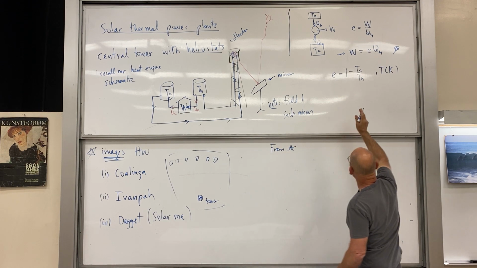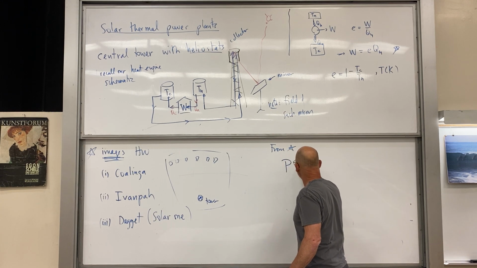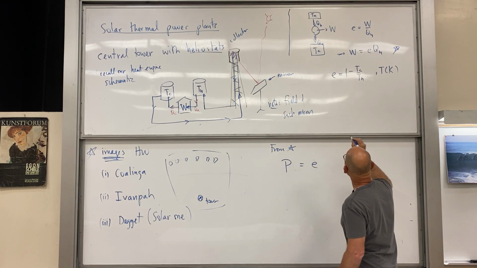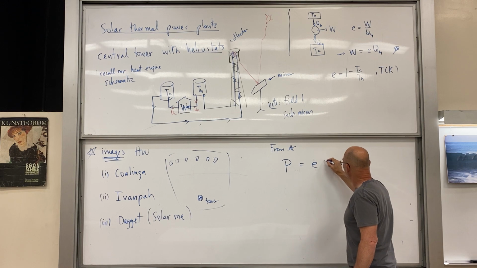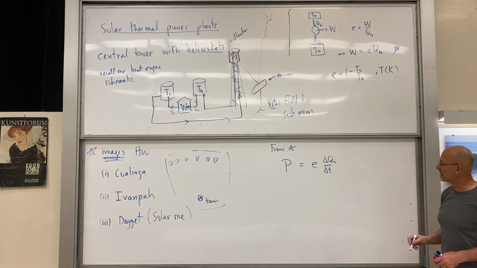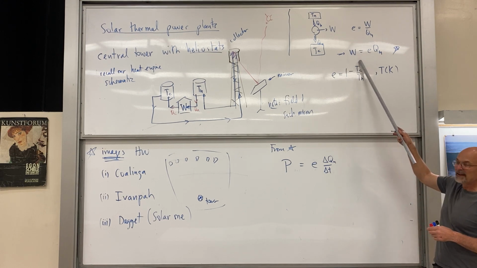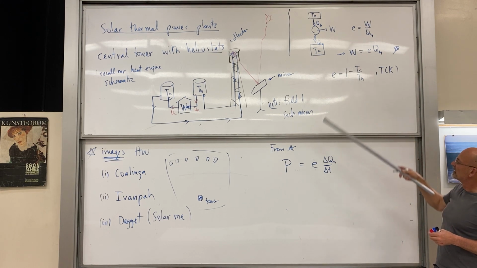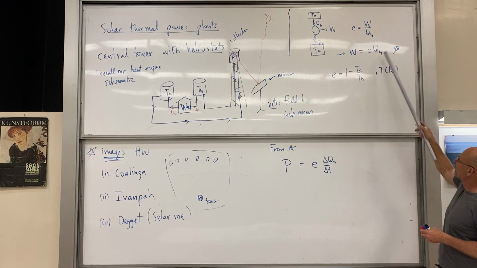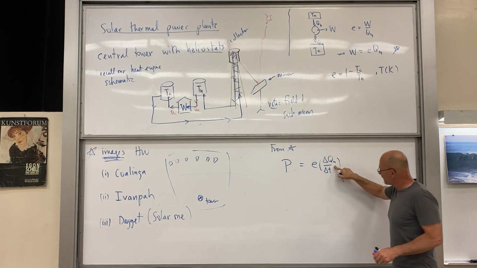from equation star, we would have the power would be that efficiency times delta QH over delta T, because the W over T, or delta T, that's the power. So it's efficiency times delta QH over delta T. And this, of course, is a power as well.